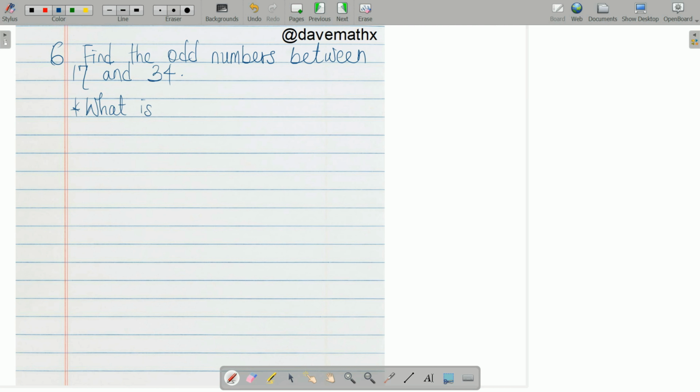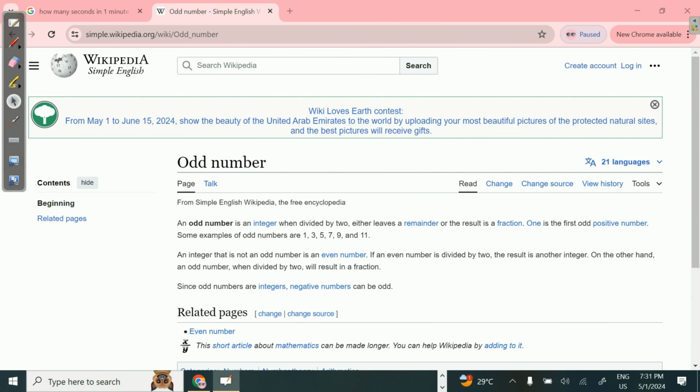We need to understand what odd numbers are. An odd number is an integer that, when divided by 2, leaves a remainder or the result is a fraction.